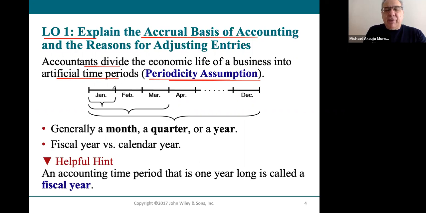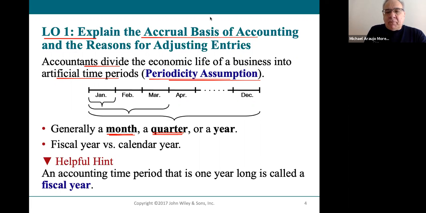There's really three time periods that we break the business into. We break businesses into monthly time periods. So we measure, for example, profit and loss on a monthly basis. We also measure how things are going by the quarter. A quarter is a 3-month period of time.